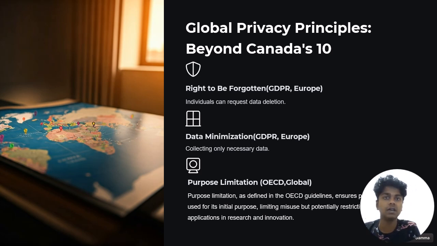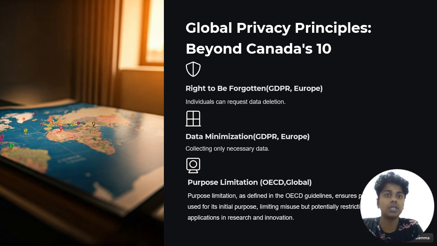Some legal references for this would be Google Spain v. Agencia Española de Protección de Datos. This landmark case from the European Court of Justice established RTBF in EU law, holding that search engines must, under certain circumstances, comply with requests to remove personal information.